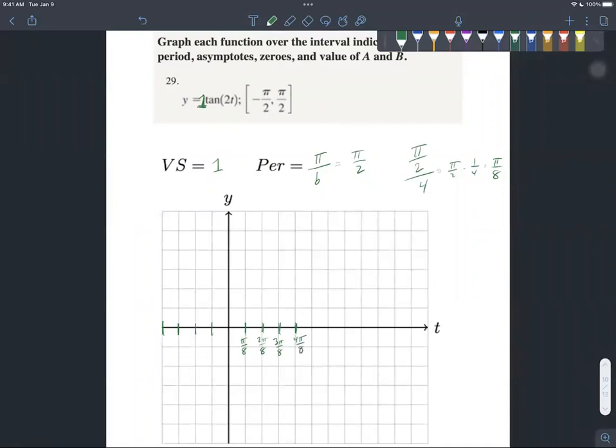If we reduce 4 pi over 8, that is really pi over 2. In the negative direction, we get the same thing: negative pi over 8, negative 2 pi over 8, negative 3 pi over 8, and negative 4 pi over 8.